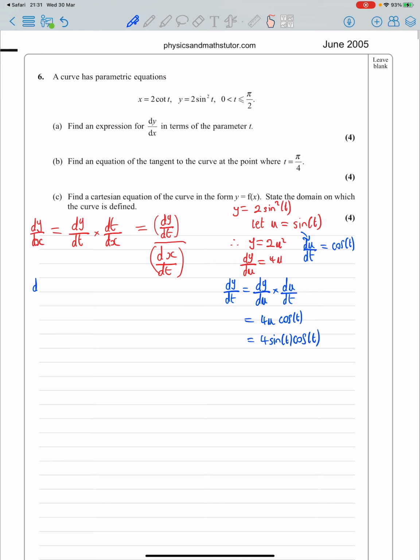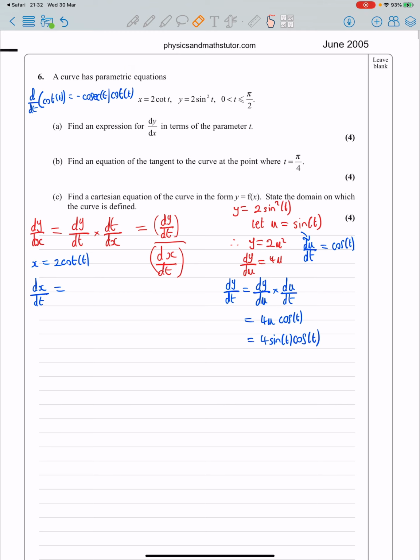So x, first of all, was equal to 2 cot of t. So for dx/dt, using knowledge or using the formula sheet, or however you want to do it, we should know that the differential of cot is minus cosec squared.